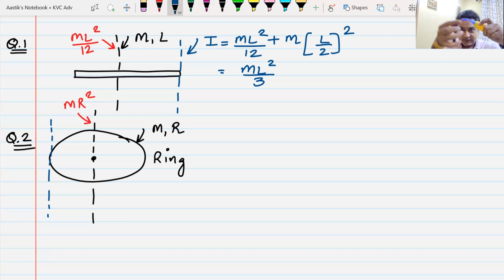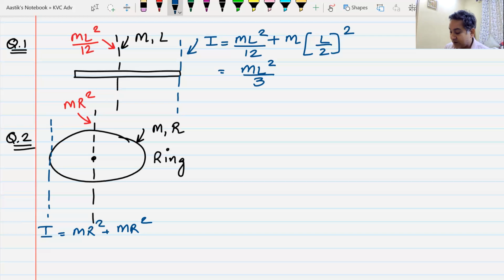So it could be this axis, it could be anywhere, tangent axis. What is the answer? 2mr square. Moment of inertia about the center of mass is mr square, plus again one more mr square. So the answer becomes 2mr square. Do we understand this or has it gone above our heads? Understood, sir.